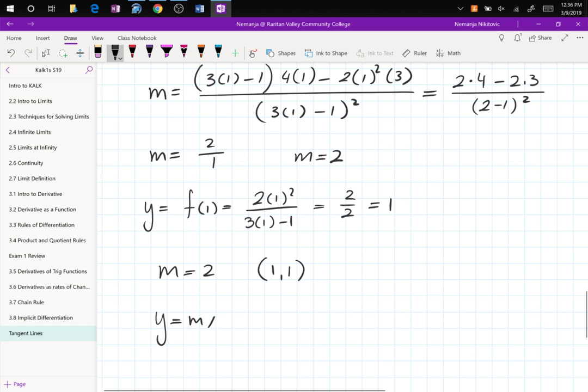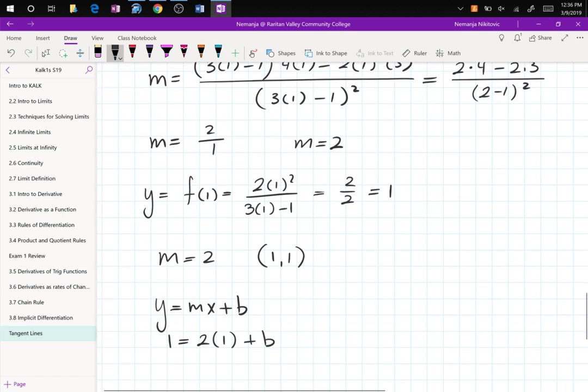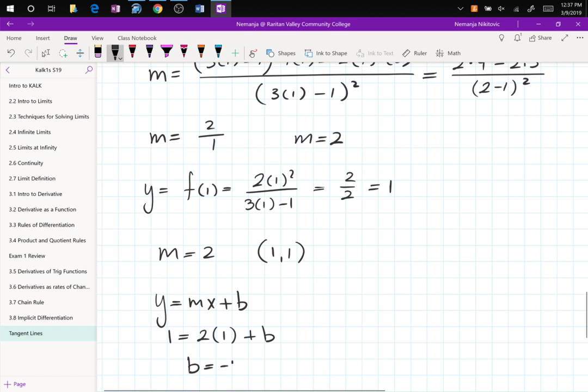Y equals mx plus b. Y is 1, slope is 2, the other one is 1 plus b, so b is negative 1, and our tangent line is y equals 2x minus 1.